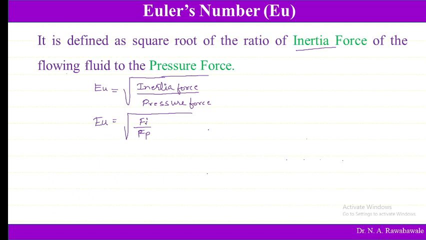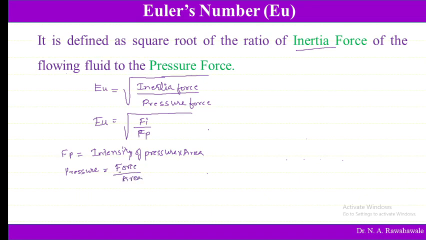Now we know inertia force, so pressure force Fp is nothing but intensity of pressure into area. This is how to remember it: pressure is equal to force per unit area, that is, divided by area.